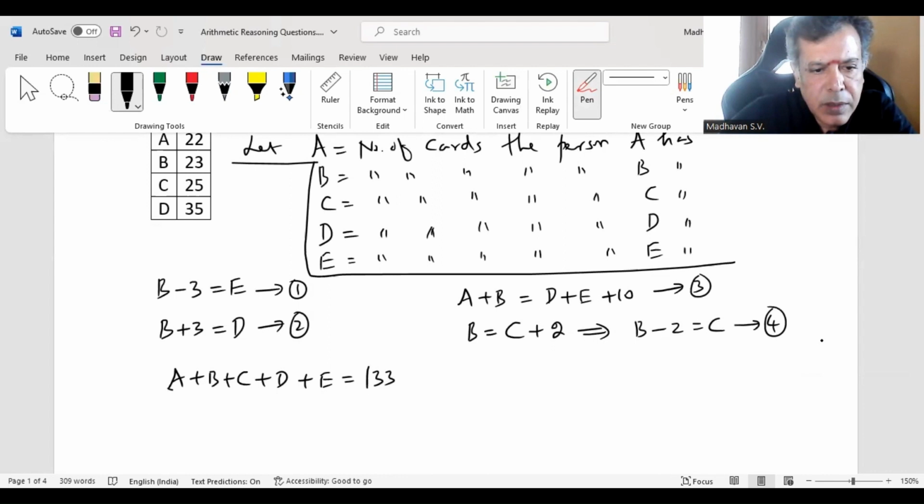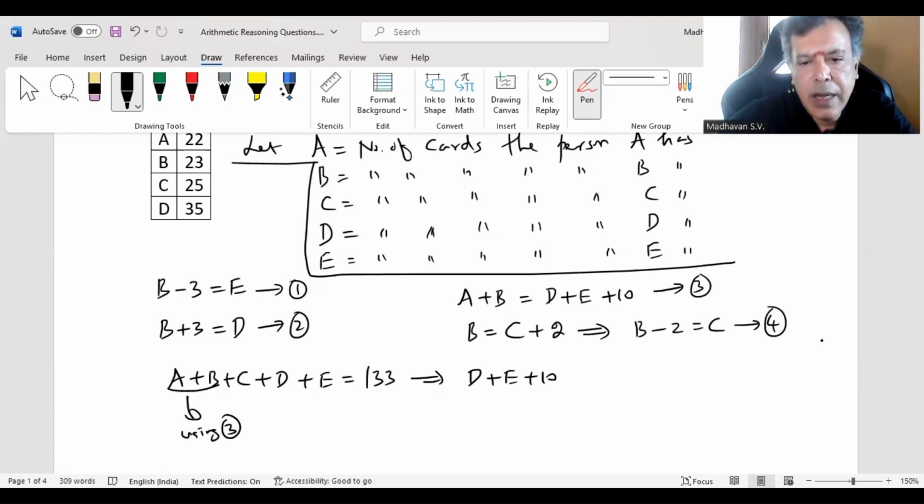So first of all, this A plus B, I can rewrite as D plus E plus 10 using equation 3, plus C. C is nothing but B minus 2, plus D plus E. Let me write it as it is, equal to 133.